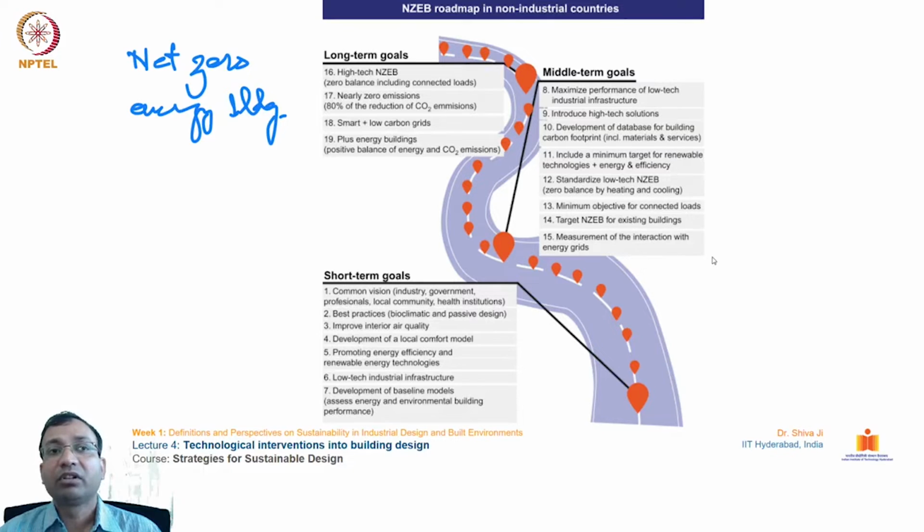The 10th one talks about development of a database for building carbon footprint, such as materials and services. So how much carbon footprint these individual components are exerting. For example, construction materials such as bricks, steel, glass, tiles, paints, partition materials, fibrous boards, etc. There are several types of binders, other compounds.